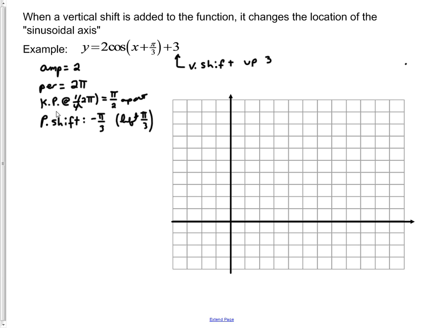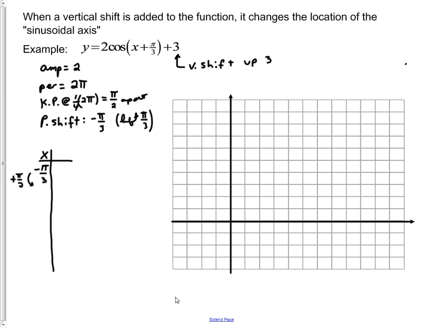Well, for one thing, our x values can be handled in the way that we've been handling them all along, which is to say we make our starting point, instead of 0, our phase shift of negative pi over 3, and start adding increments of pi over 2. Now this is going to be a little bit different because the denominators don't match. So let's rewrite it.